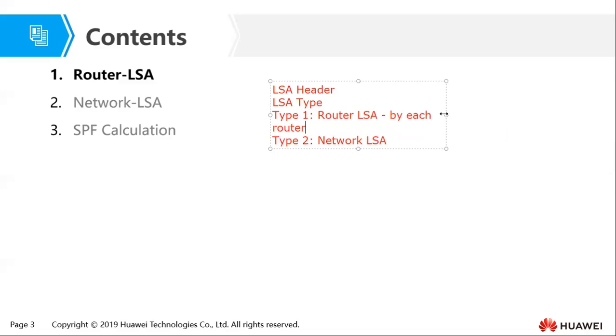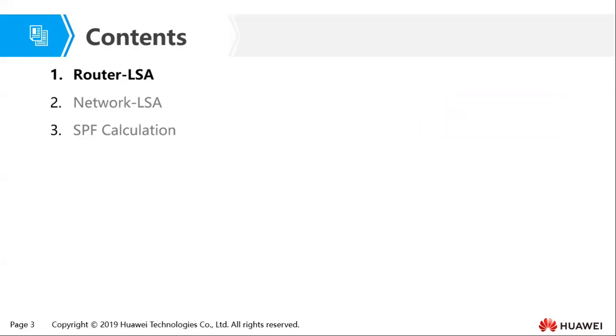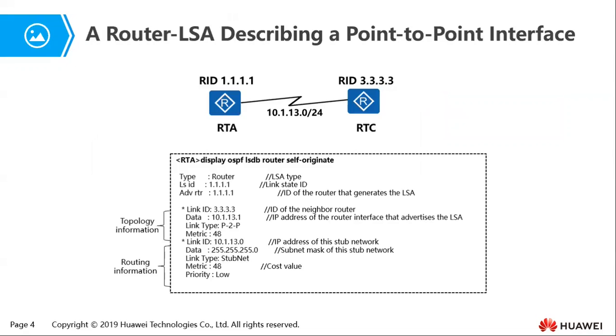So each router will produce a Router-LSA to describe the state of its links. Then we have the Network-LSA. This one is advertised by the DR to describe the state of the network. So we want to begin by diving deep into the Router-LSA so that we can understand how it looks and the fields that it has.